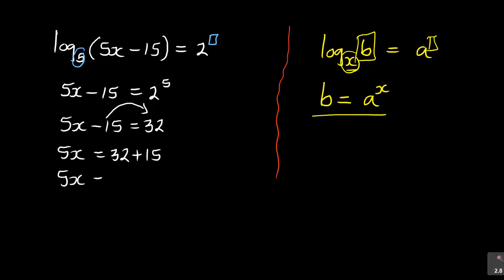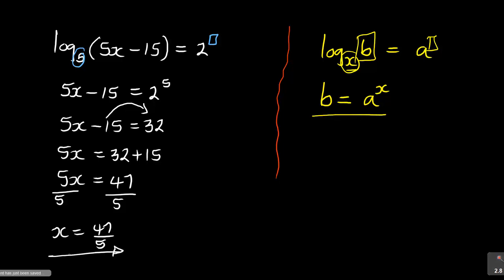So 5x is equal to, add 15 and 32, 5 plus 2 is 7, 3 plus 4, 1 is 4. So it's 47. Divide by 5, and divide by 5. Are you seeing that? And then what you have is x is equal to 47 over 5.